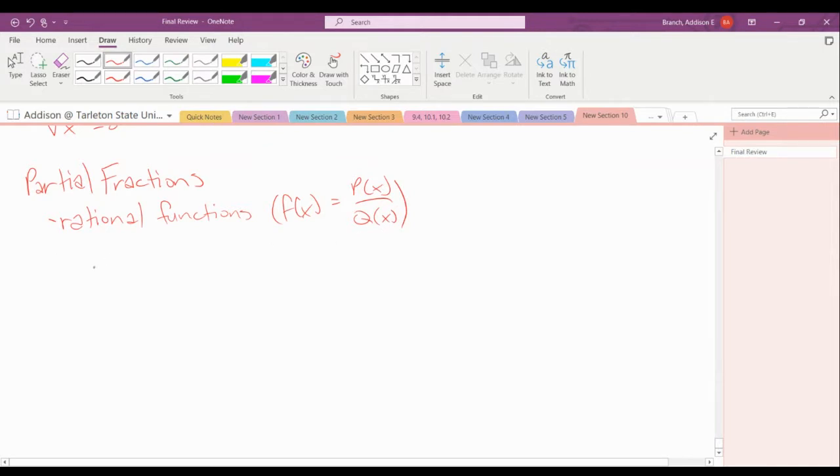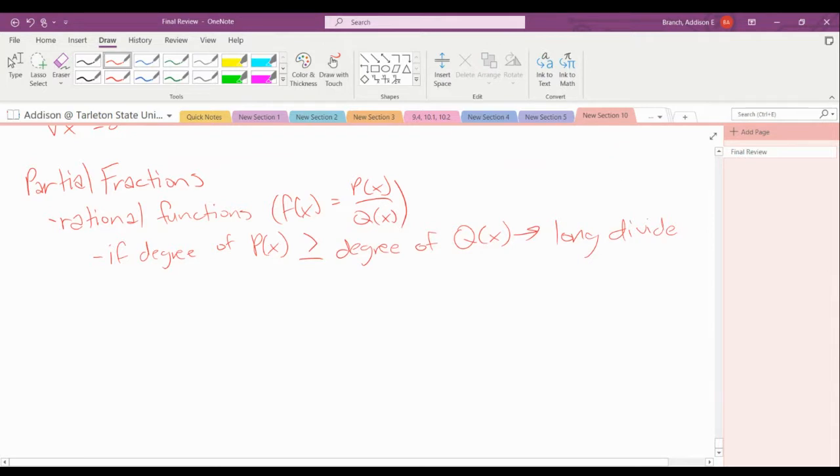The big thing to remember for this one is if the degree of p is greater than or equal to the degree of q, you have to long divide. Otherwise, it's going to mess up your partial fraction.